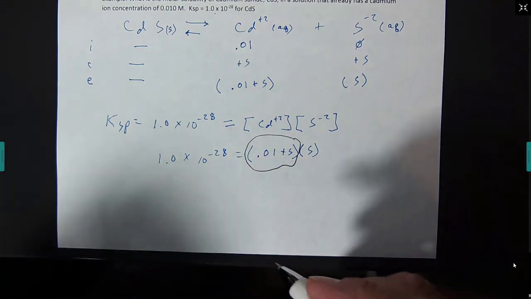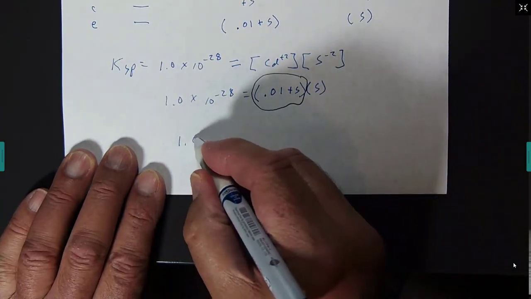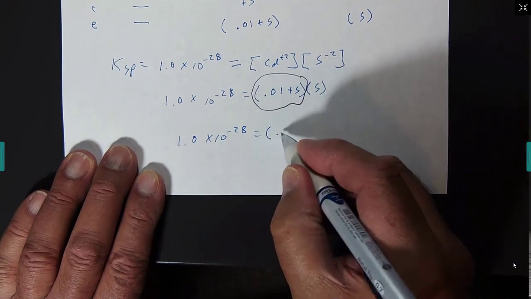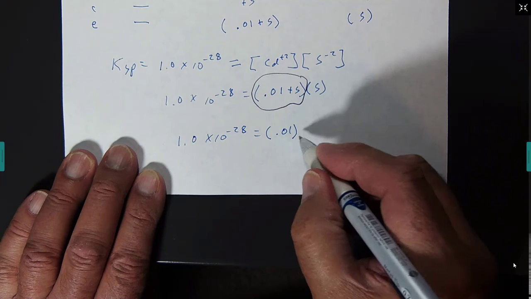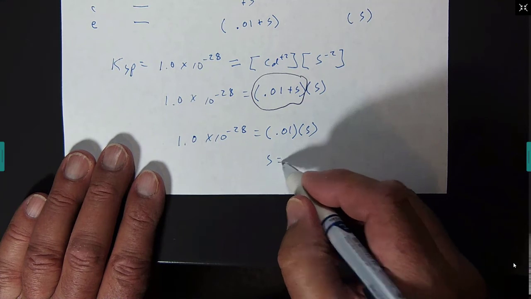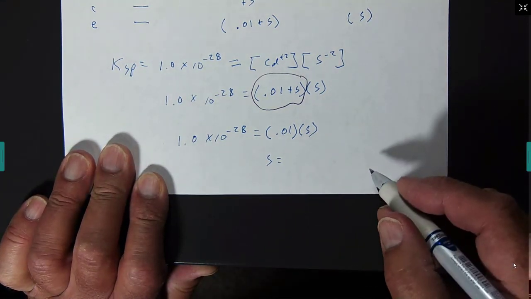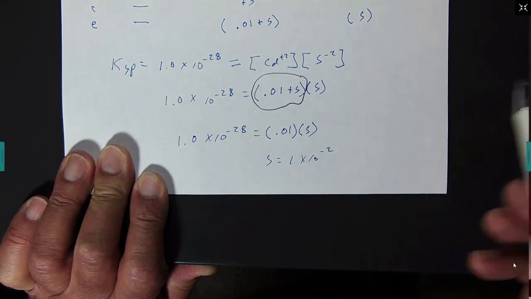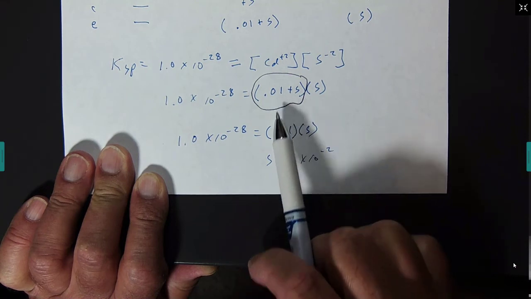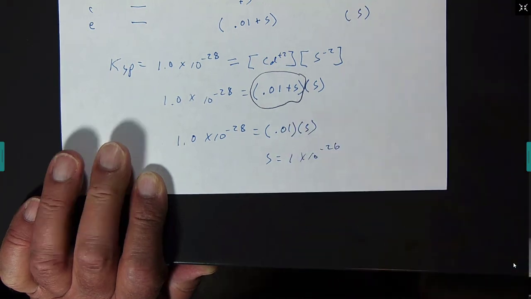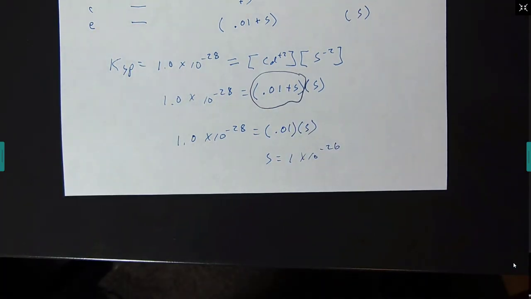When you go to solve this one, simplify it by saying 1.0 times 10 to the negative 28th equals 0.01 times S. Solve it for S. In this particular one, it's 1 times 10 to the minus 26. In other words, this number plus S, that number plus 1 times 10 to the negative 26 is pretty dang close to 0.01. So we would never give you one where you had to solve the quadratic.